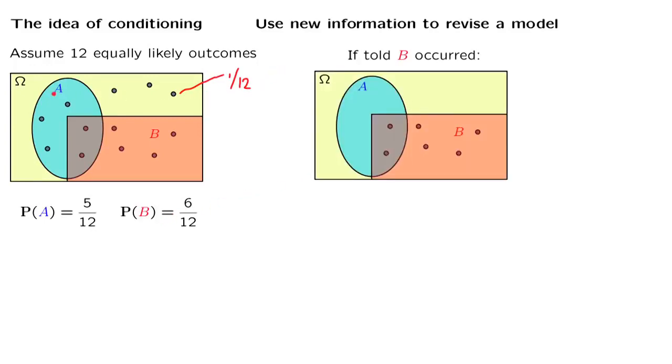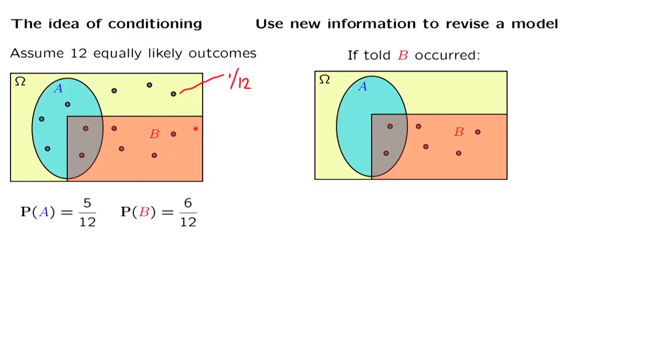First, those outcomes that are outside event B are no longer possible. So we can either eliminate them, as was done in this picture, or we might keep them in the picture but assign them 0 probability, so that they cannot occur. How about the outcomes inside the event B?